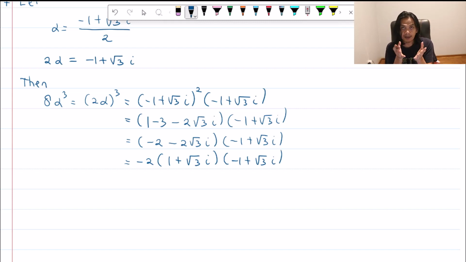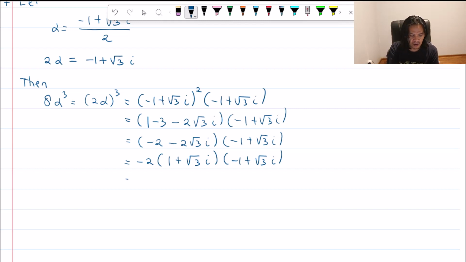This looks like the product of 2 expressions, a + b times a - b. So let's rearrange the expression to make it look like that.